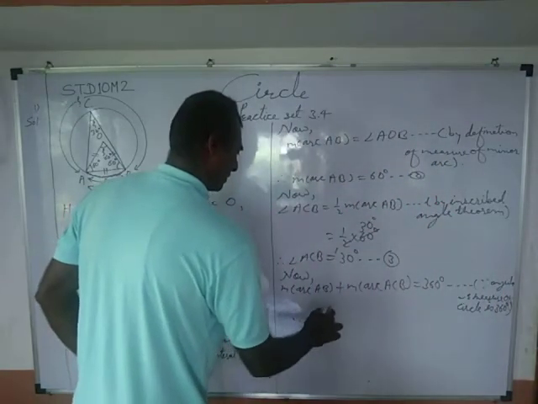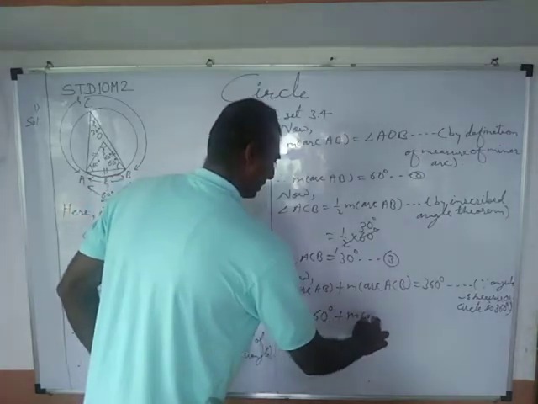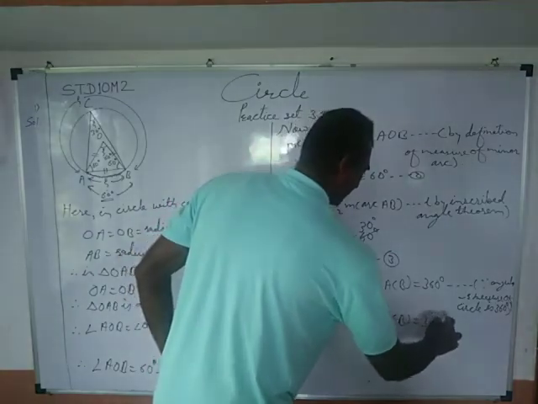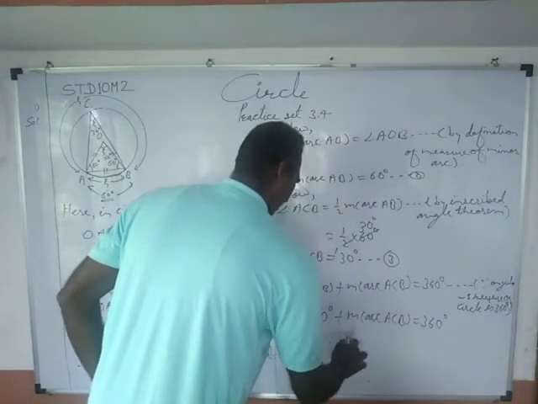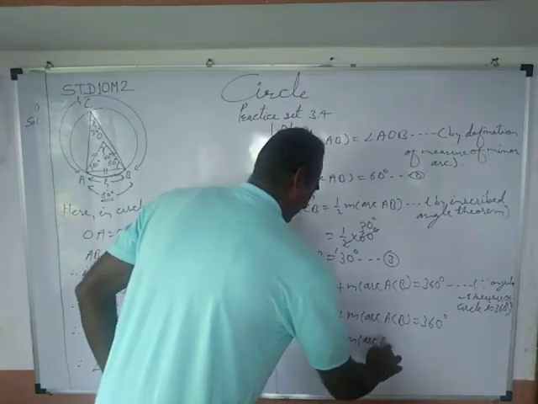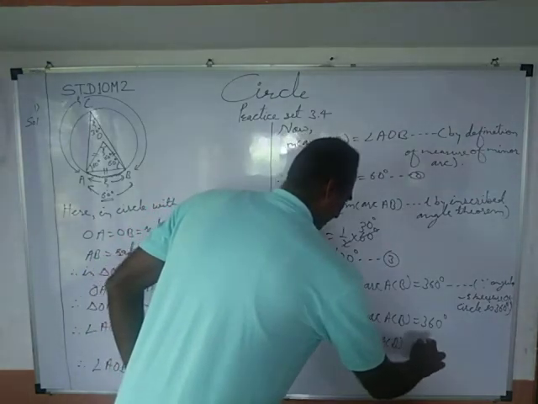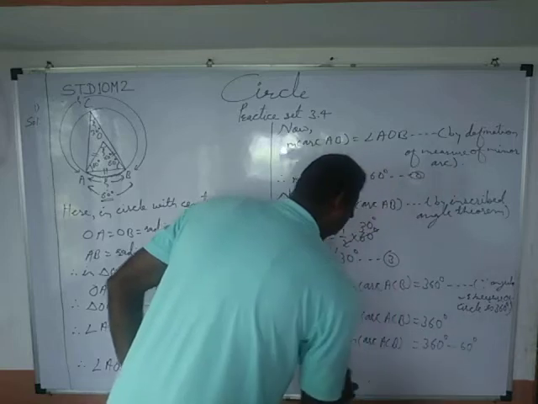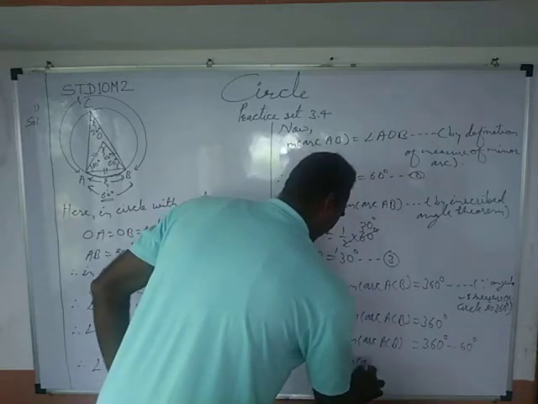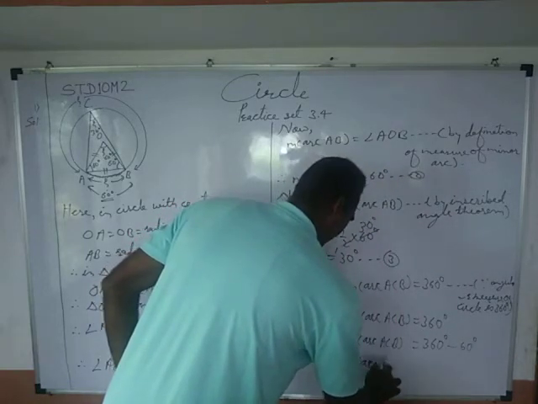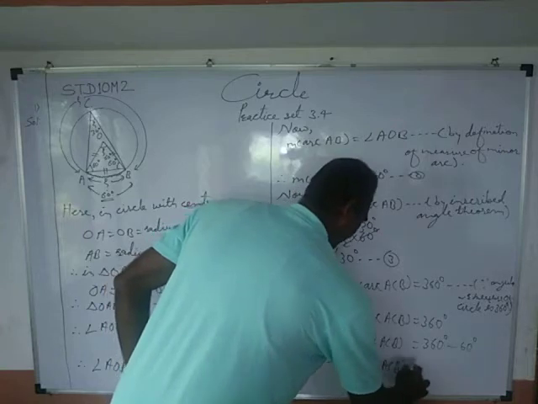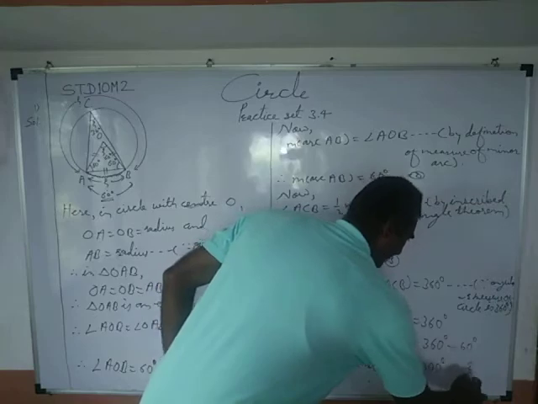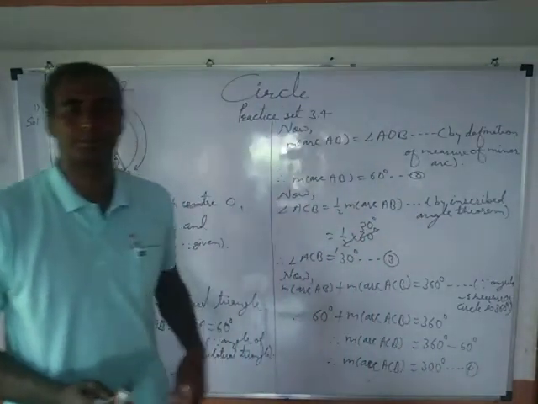Therefore 60 degrees plus measure of arc ACB equals 360 degrees, and therefore measure of arc ACB equals 360 degrees minus 60 degrees. Therefore measure of arc ACB equals 300 degrees. Let's call it equation fourth.